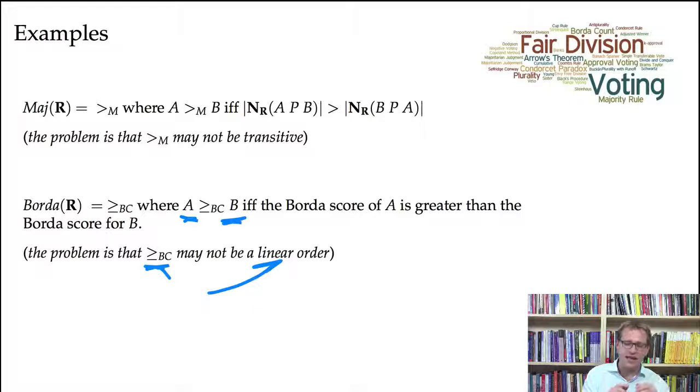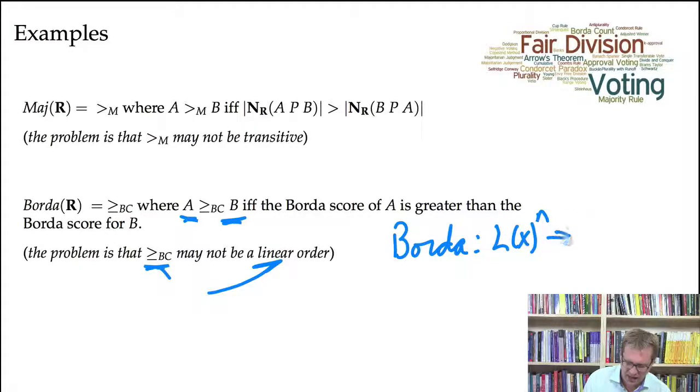But Borda is a function, so Borda is a function from, let's say, L of x to the n to the set of orderings over x, because Borda is going to produce a transitive and reflexive ordering.